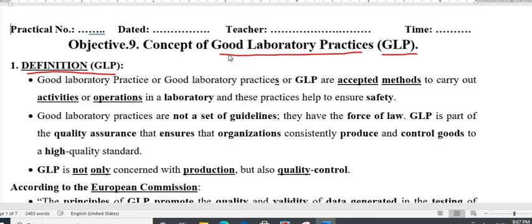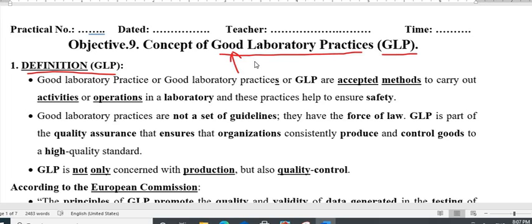The name itself is telling something. It is about the work in the laboratory, which should be followed in a good manner. Here, good manner means we have to perform the laboratory work judiciously.